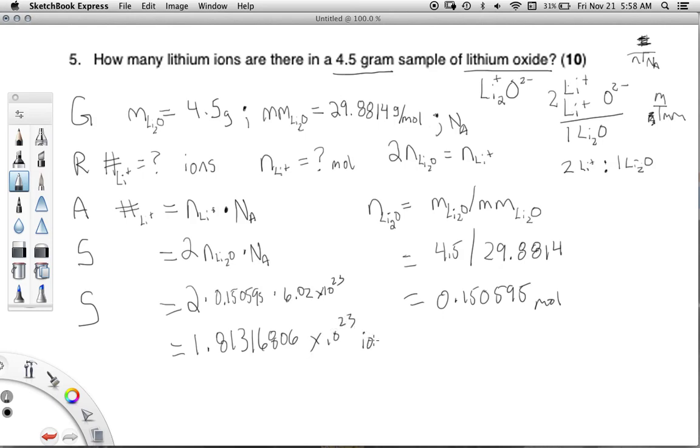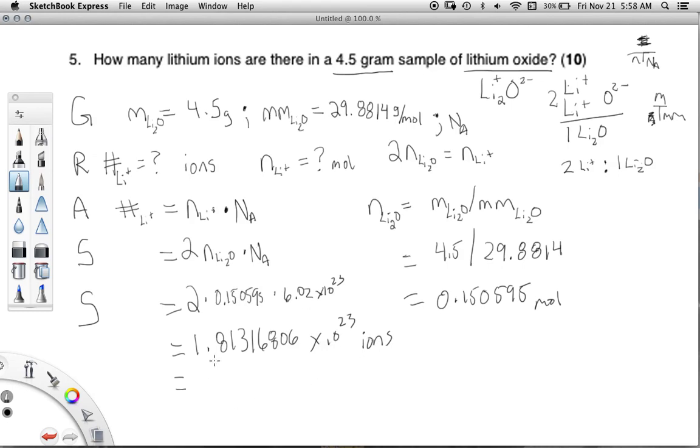What is that? Ions. Sometimes we forget. We got all the way down and we're like, what the heck was I looking for? Go back and read it. How many lithium ions are there? This was my number of lithium ions. It has a unit of ions. I've written it all down here. So if I do forget what the heck I'm doing when I get all these crazy numbers, just go back up. It's right here. You wrote it down. Number of lithium ions has a unit of ions.